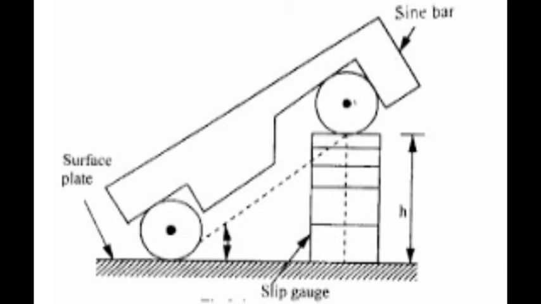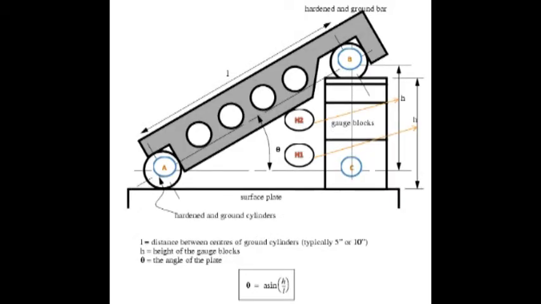The axes of the rollers must be parallel, the top surface of the bar must have a high degree of flatness, and the rollers must be of identical diameters and round within a close tolerance. These are the applications of the sine bar: you have to measure the angles. Okay, next clinometers, stay home, stay safe.